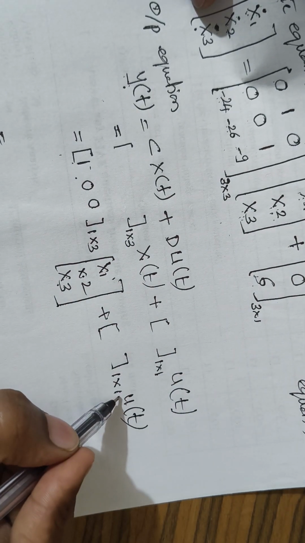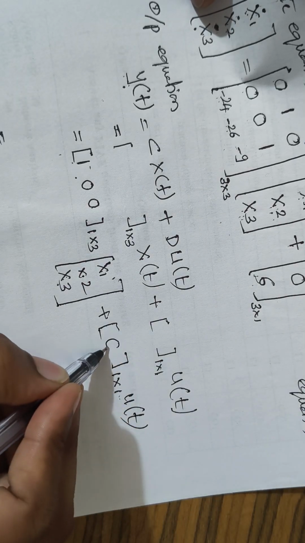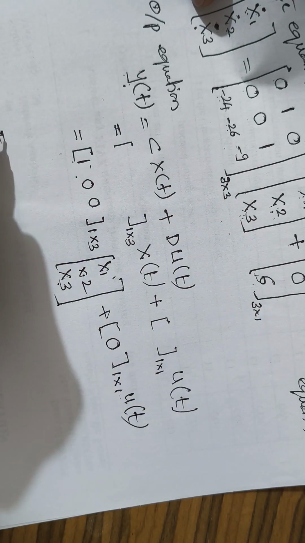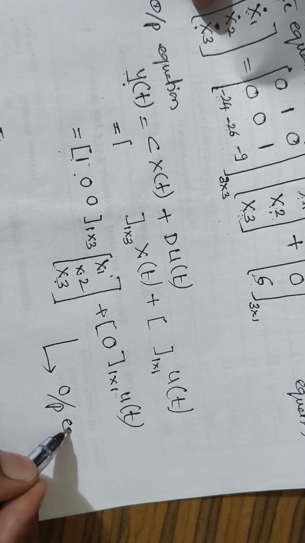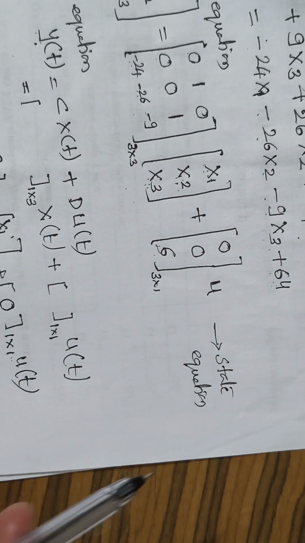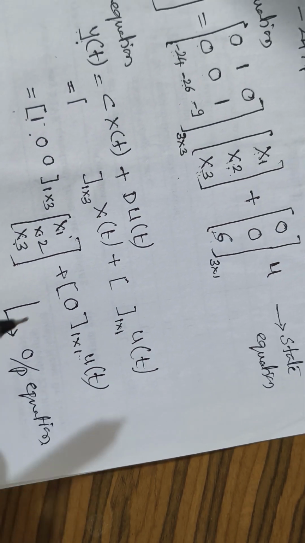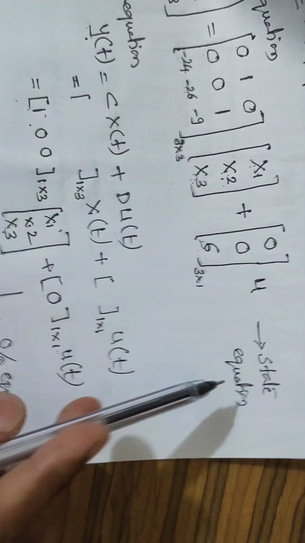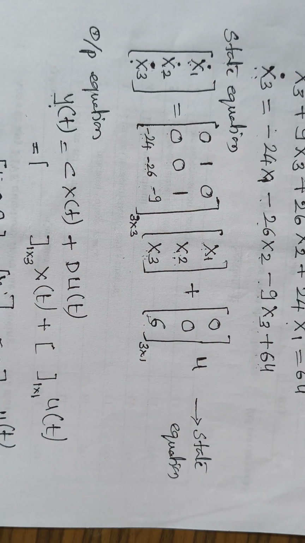You don't have any u of t term for the y equation either, therefore this will also be 0. So this is your output equation. So you got the state equation, you got the output equation. When you combine these two, these two equations are together called the state model.